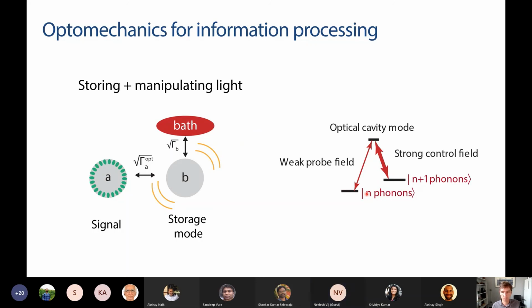I'm not sure if that's really what you mean. You're going to have some thermal phonons, and on top of that a large number of coherently excited phonons, and your optical field is coherently adding or subtracting phonons from your system. In our experiment, we definitely aren't in a low temperature regime. These are all at room temperature.